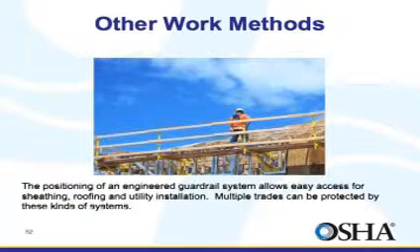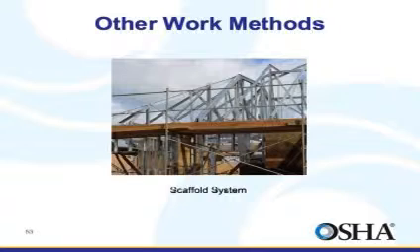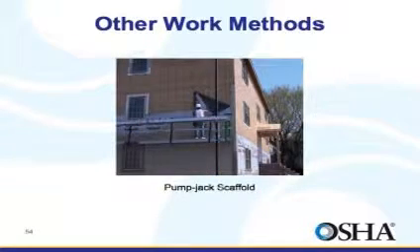The positioning of this guardrail system allows easy access for sheathing, roofing, and utility installation. Here we see a building completely enclosed with a scaffold system. Falls to the exterior have been eliminated entirely. Pump jacks are another popular system used by many contractors to install building wrap and siding.